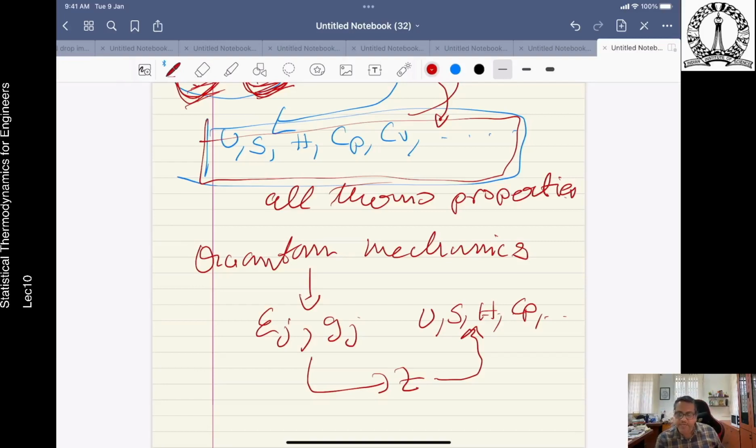We now know the statistical thermodynamics framework and how to use it to calculate macroscopic properties. We also know how the distributions of particles determine the final outcome, and that averaging over an assembly of particles gives all the properties. The only thing is that so far somebody has provided us with Ej and gj. That somebody comes from quantum mechanical calculations, and that is what we are going to do in the next lecture.